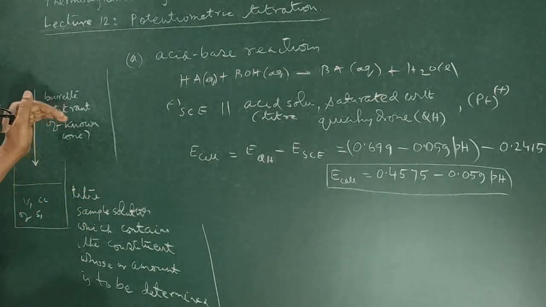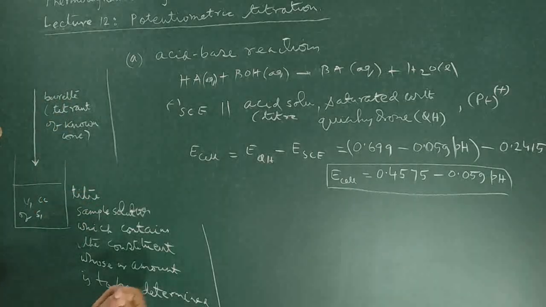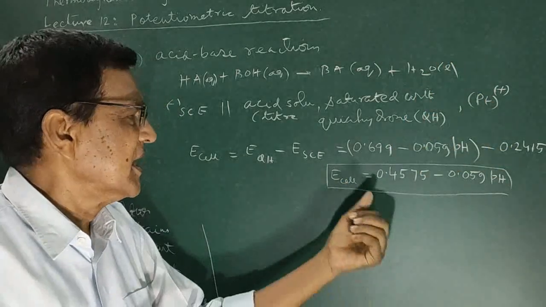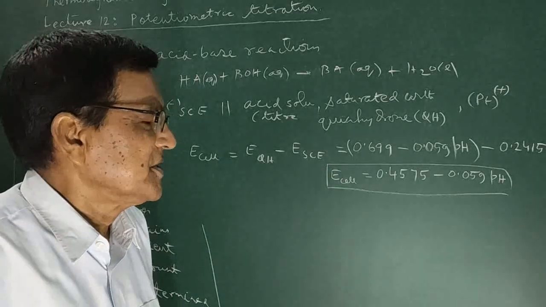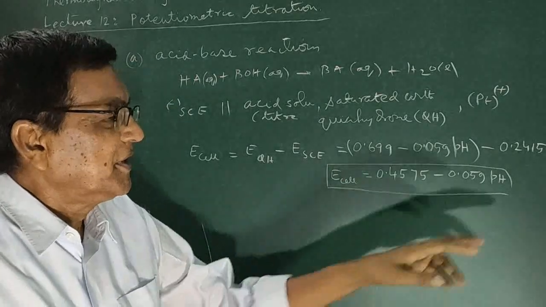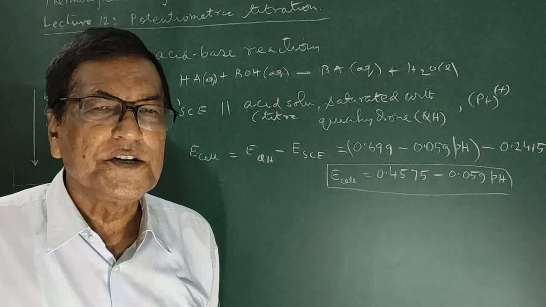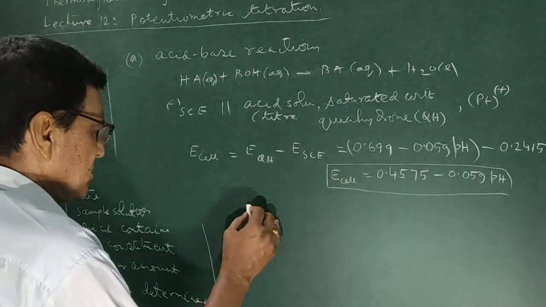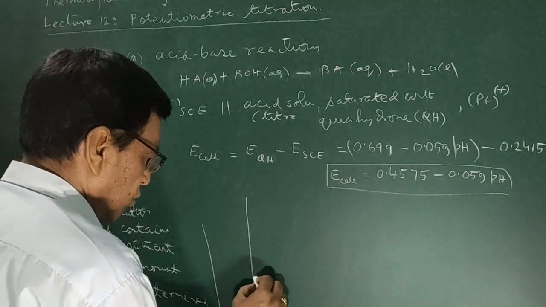Whenever this alkali is added, pH is increased and E cell is decreased. But at this equivalence point, there will be a sharp increase of pH, as we already know.